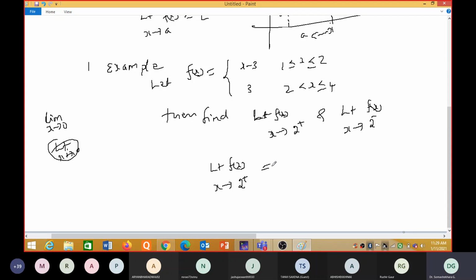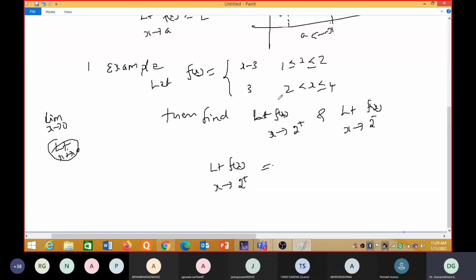What is the answer? Sir, 3. Correct. Actually, right hand limit is 3.